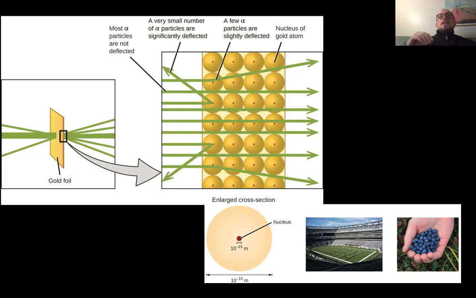And what happens is every once in a while, the positively charged alpha particle hits that dense nucleus and ricochets back. And that was the explanation for what they saw.